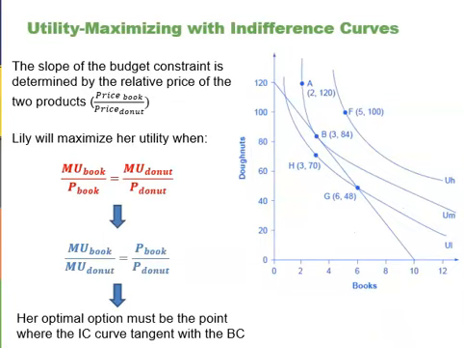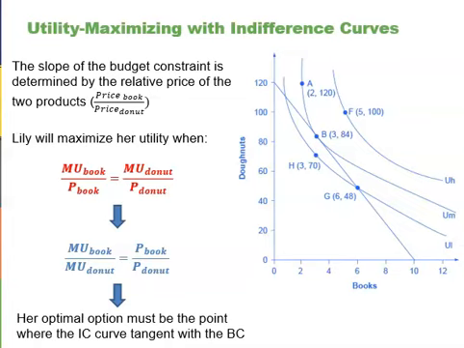If we switch the positions of marginal utility of donut and price of book in the red equation on the screen, we will get the blue equation in which the ratio of the marginal utilities, or marginal rate of substitution, is on the left and the ratio of prices is on the right. Remember that the slope of the budget constraint is determined by the relative price of the two products, or the ratio of prices.